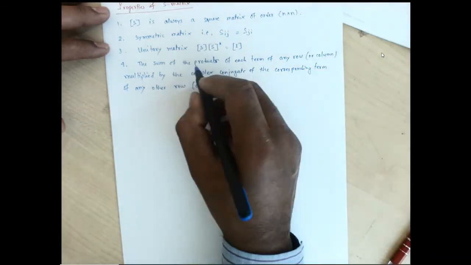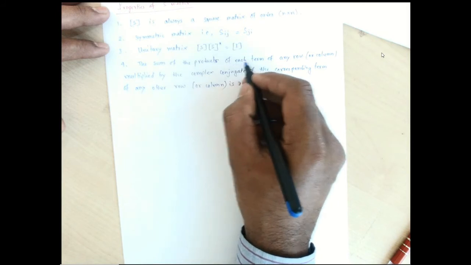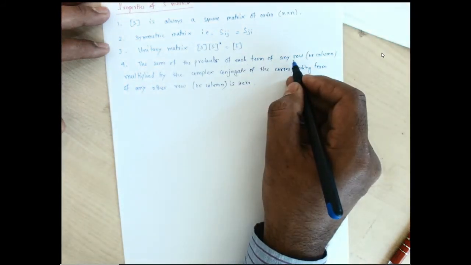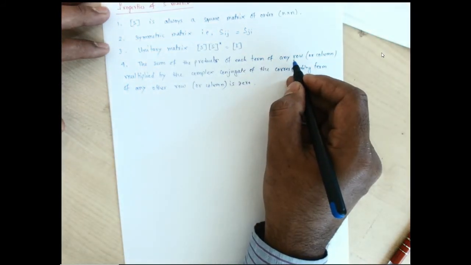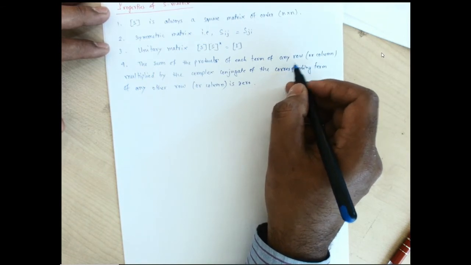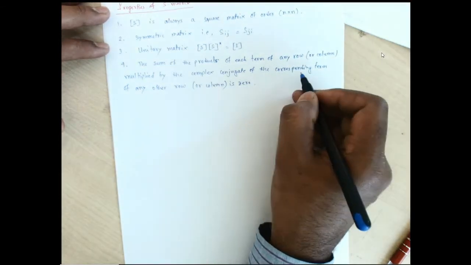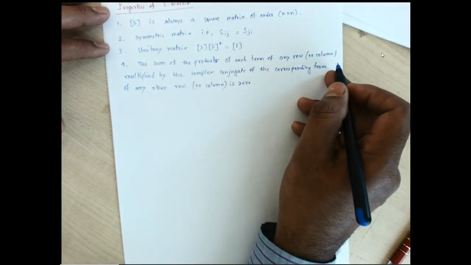The sum of the products of each term of any row multiplied by the complex conjugate of the corresponding terms of any other row or column is 0.